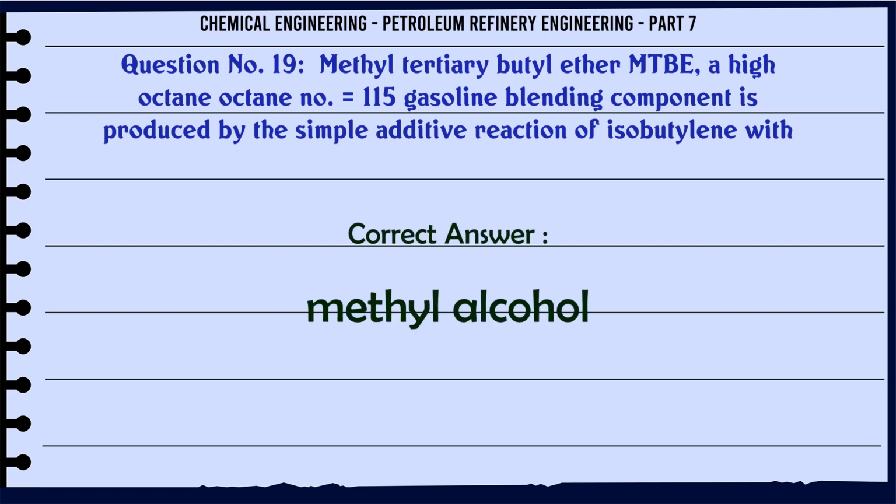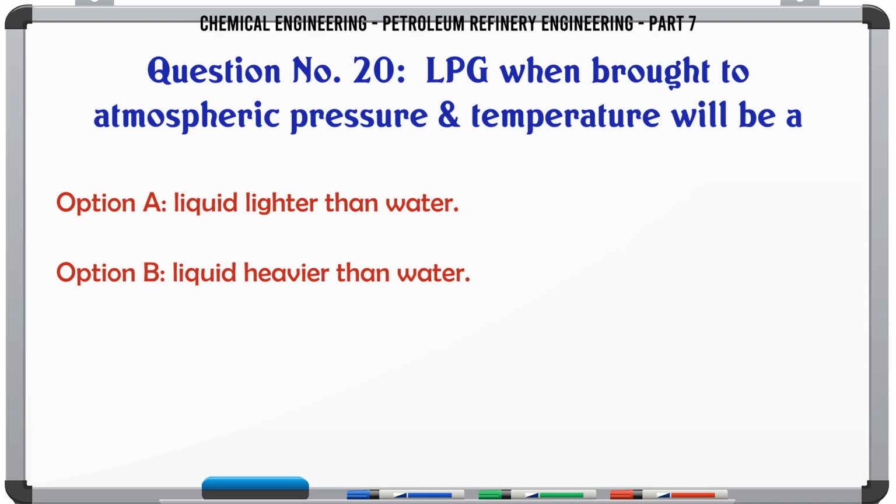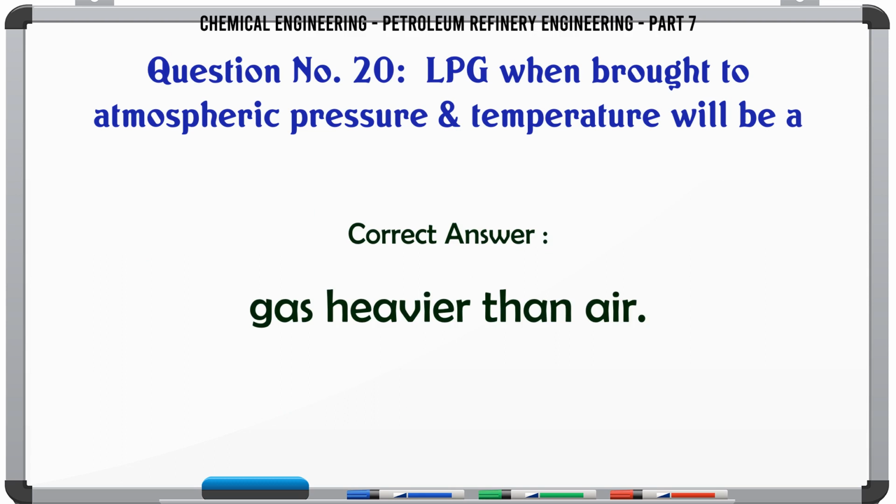The correct answer is methyl alcohol. LPG when brought to atmospheric pressure and temperature will be: A. liquid lighter than water, B. liquid heavier than water, C. gas lighter than air, D. gas heavier than air. The correct answer is gas heavier than air.